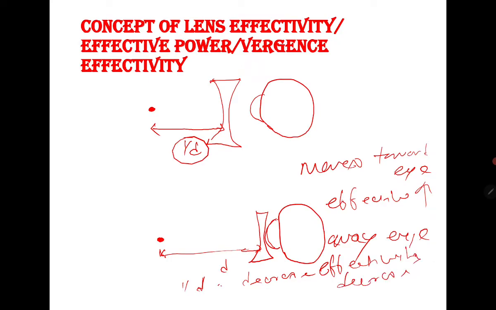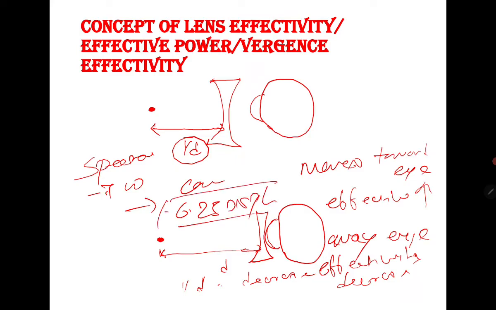That's why from -7 spectacle, sorry, if we move to a contact lens, then we go for -6.25 or something approximate, because when we move towards the eye, minus lens effectivity increases, and when we move away from the eye, minus lens effectivity decreases.